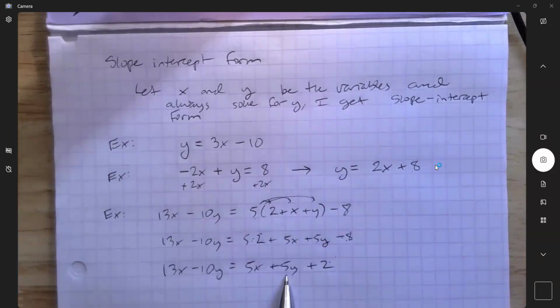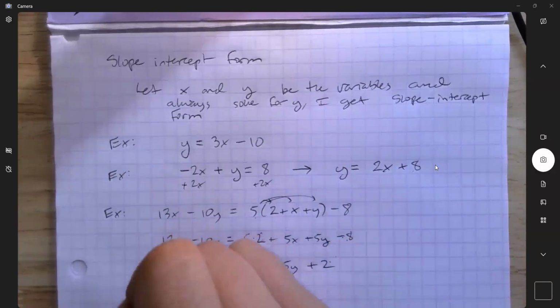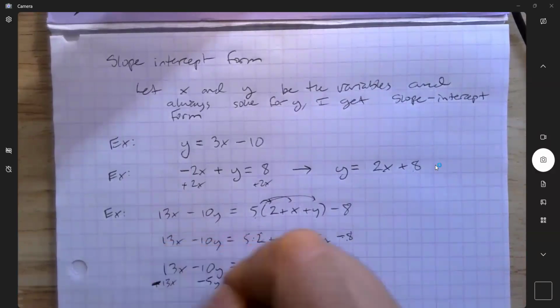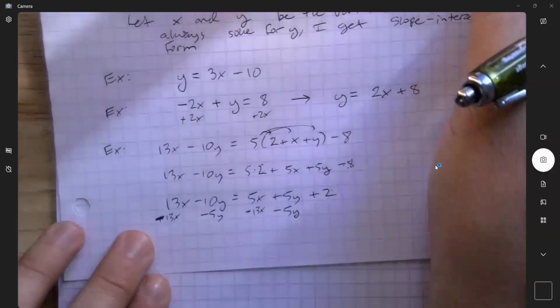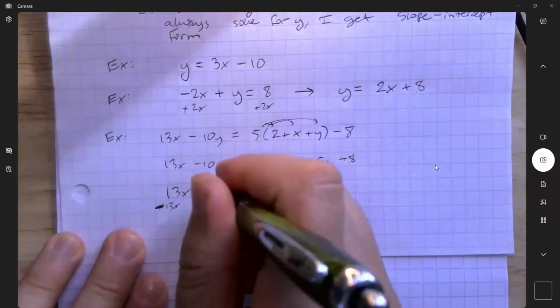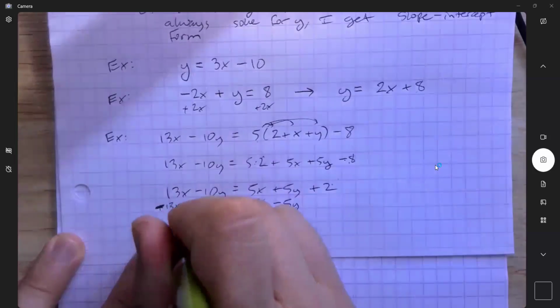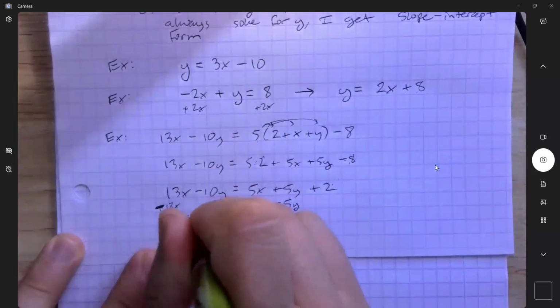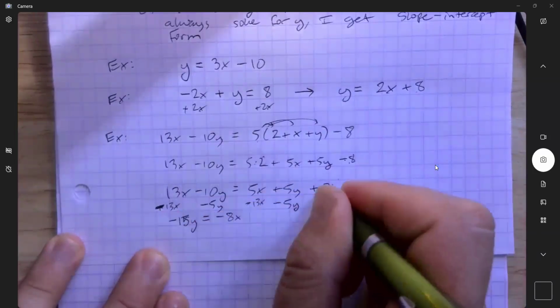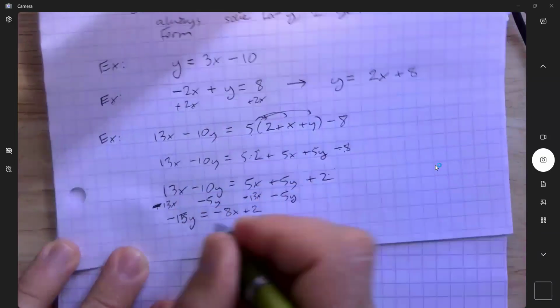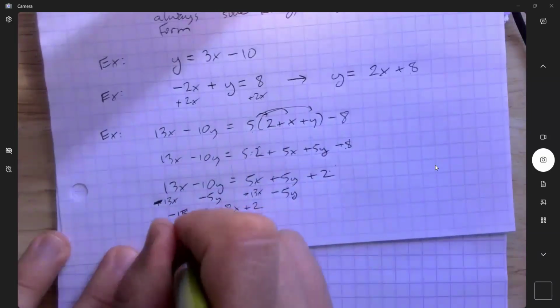And I'm solving for y, so let's subtract 5y from both sides. And because I'm running out of space, I'm going to subtract 13x from both sides as well. Negative 10y and negative 5y gives me negative 15y. And 5x and negative 13x gives me negative 8x. And then I have the plus 2. And divide both sides by negative 15.